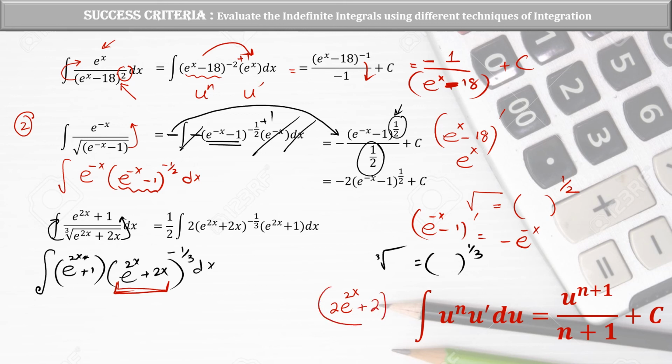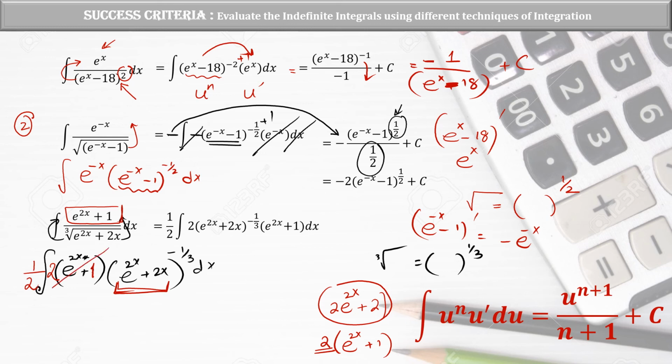Now if we compare this derivative with the function given in the numerator, we will see that the 2 is missing. If we take the 2 common, we get 2 times e to the power 2x plus 1. So it means the 2 is missing. According to our practice, we multiply by 2 and write outside 1 over 2, meaning we divide by 2.